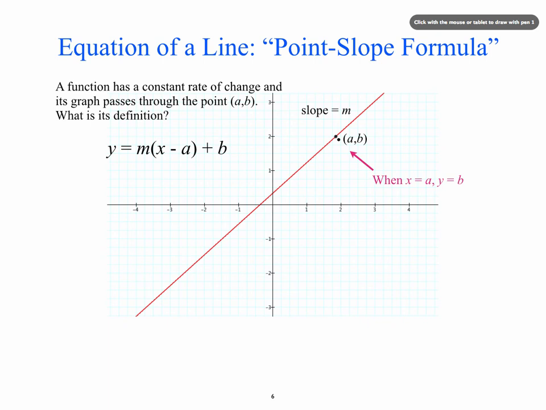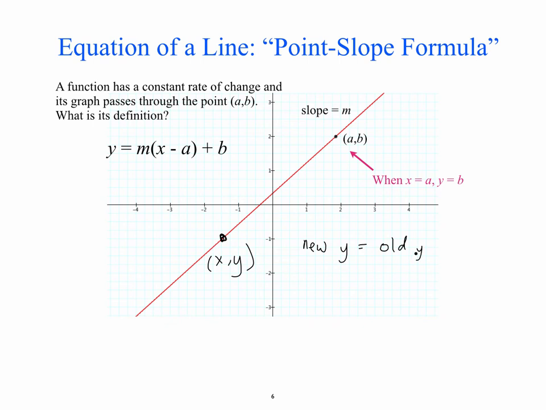So let's think about that for a second. If I were to take any other ordered pair, x comma y, on this line satisfying this relationship, then I could really think of it as, my new y value is going to equal whatever my old y value is plus the change in y.